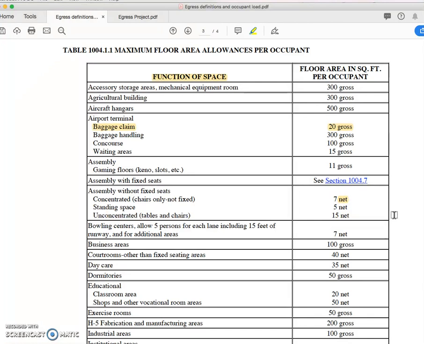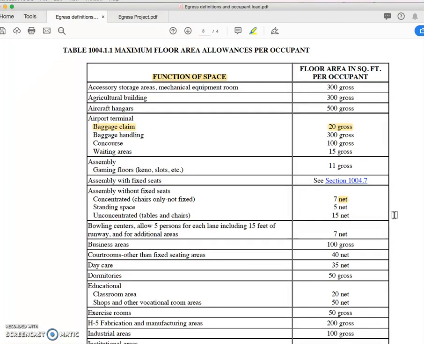So if we have a nightclub that has an area that's a bar and some dining, well, that's tables and chairs, and it's going to be divided by 15. But only that portion of the building that is used for dining and serving and eating.